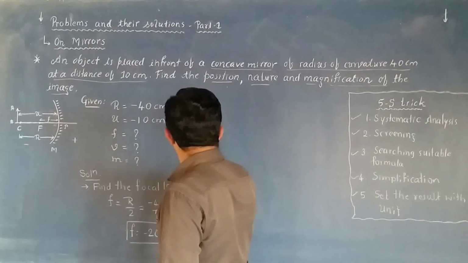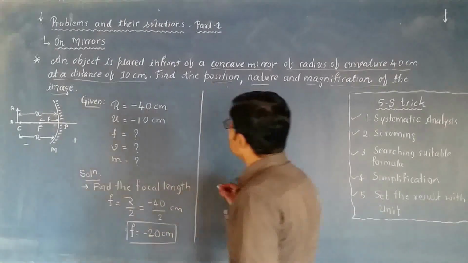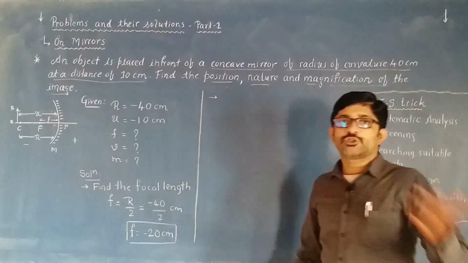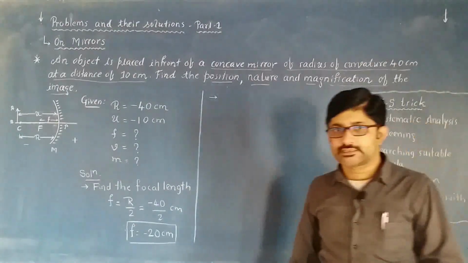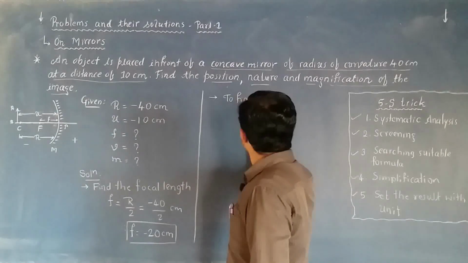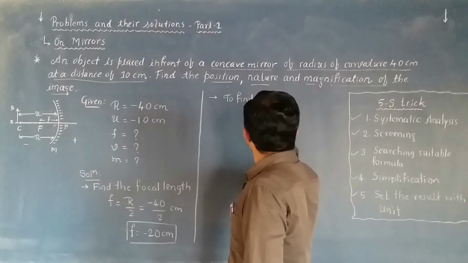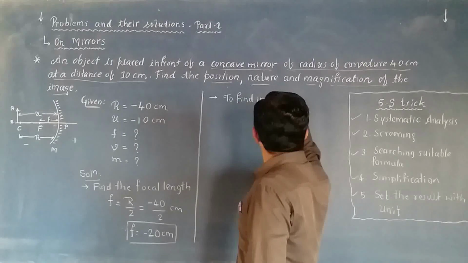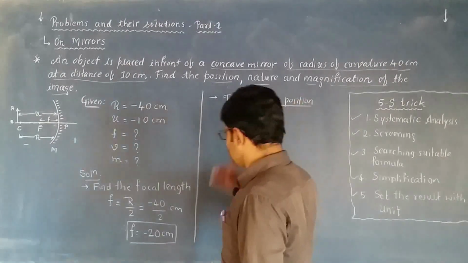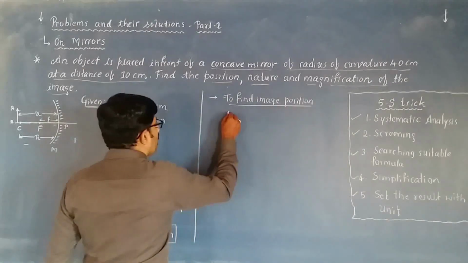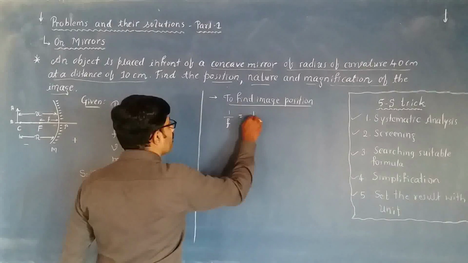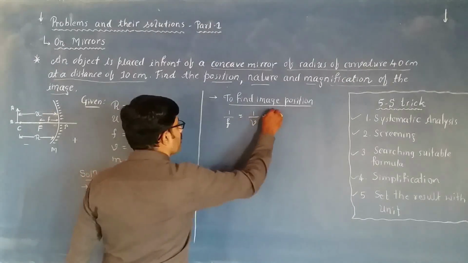Our next step is to solve for the image position or image distance. To find the image position, we have the formula 1 by f is equal to 1 by v plus 1 by u.